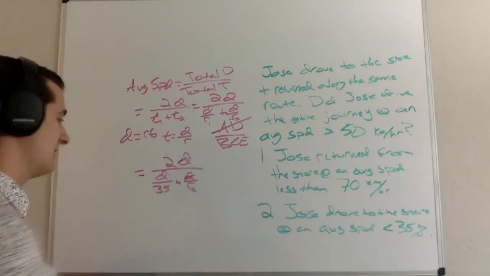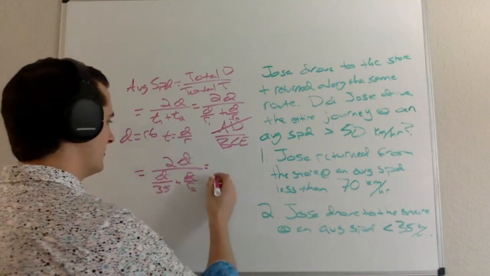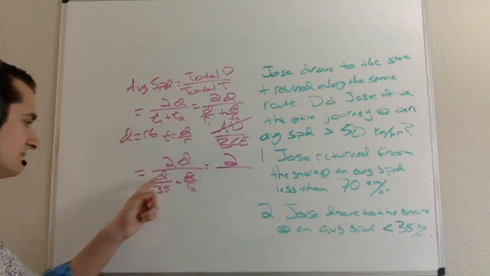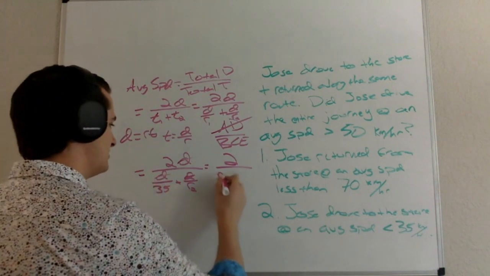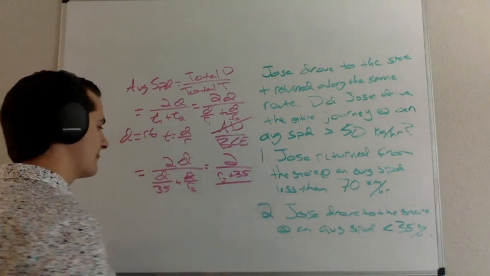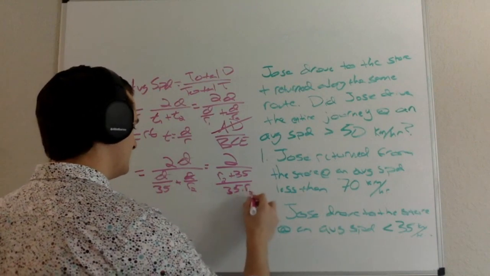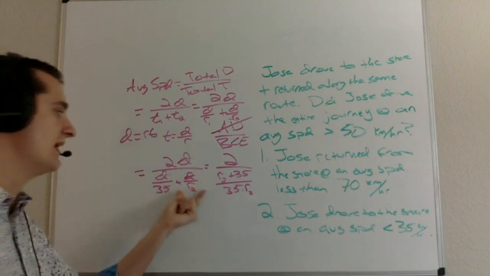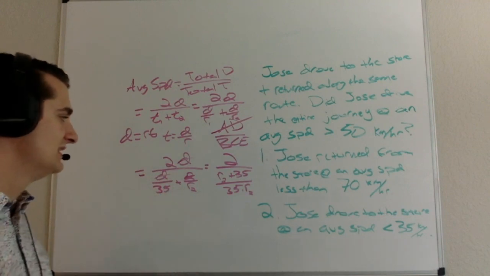From here, I can start to combine like terms by finding some sort of common denominator. So I'm going to have 2 over, and I'm going to combine these two terms. So I'm going to have rate 2 plus 35 over 35 times rate 2. And that's just simply multiplying the second term by 35 over 35 and multiplying the first term by rate 2 over rate 2.